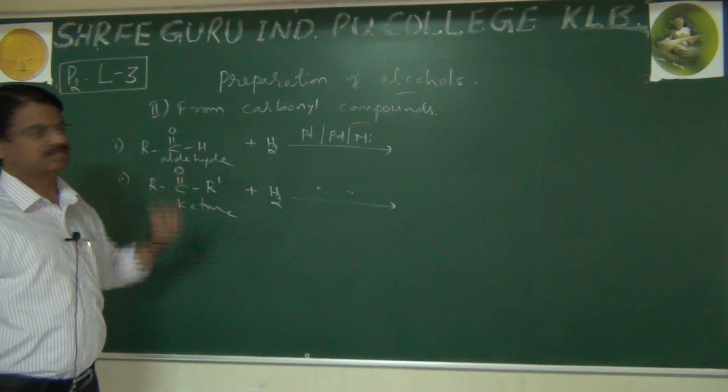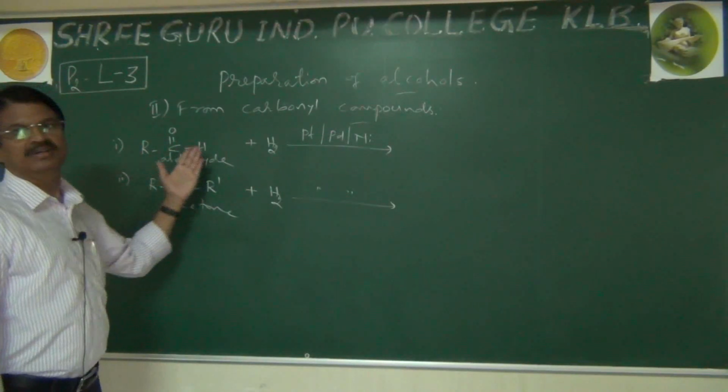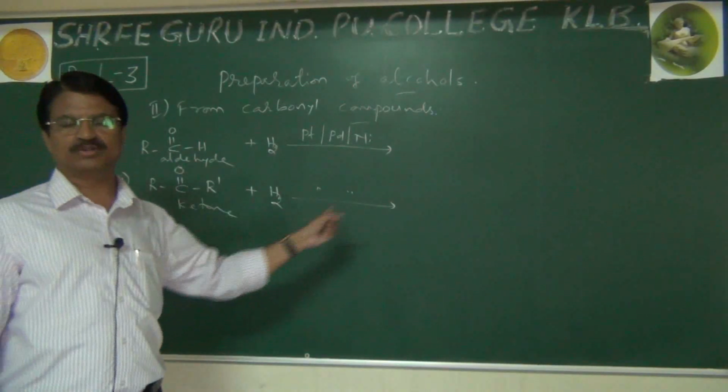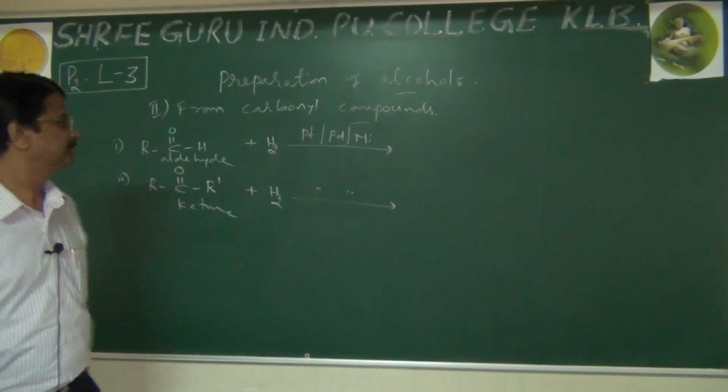So reduction of aldehydes and ketones can give what? Alcohol.